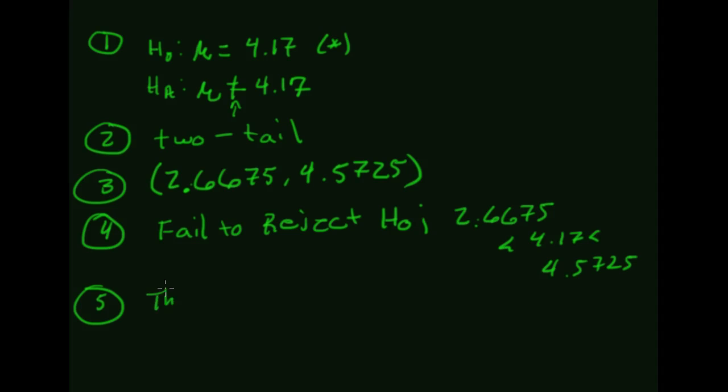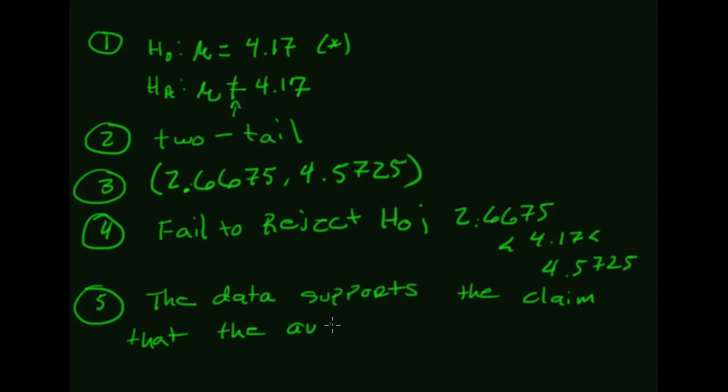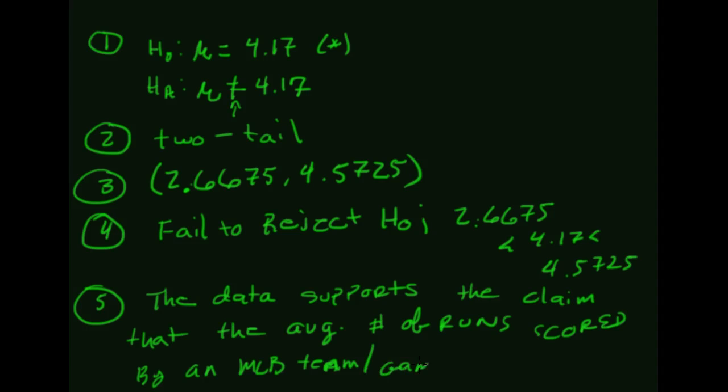So we can say that the data supports the claim that the average number of runs scored by an MLB team per game is 4.17.